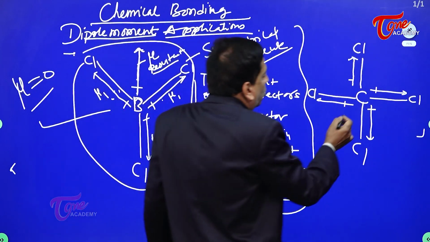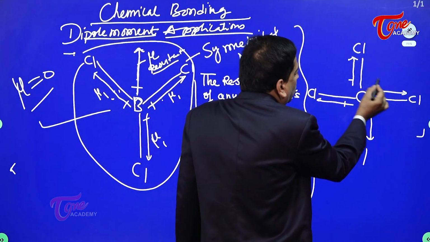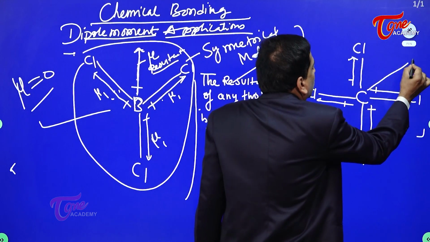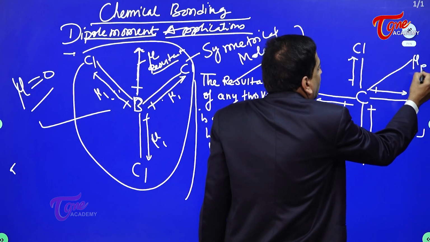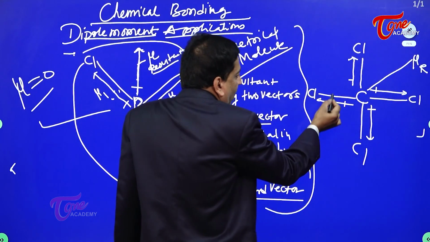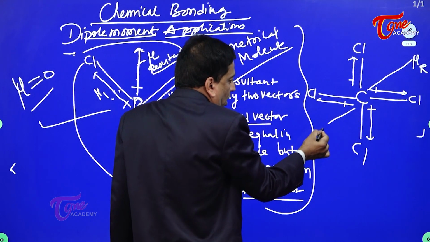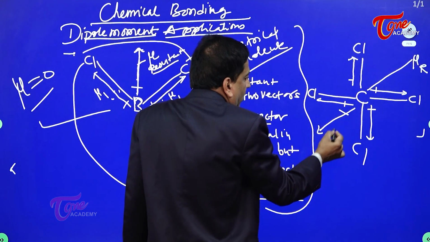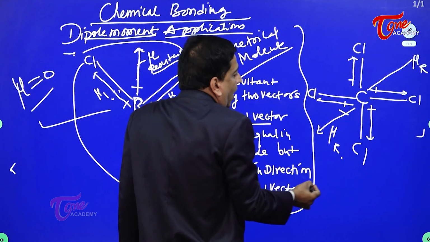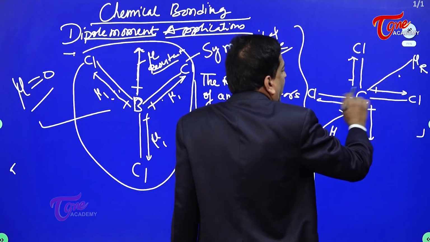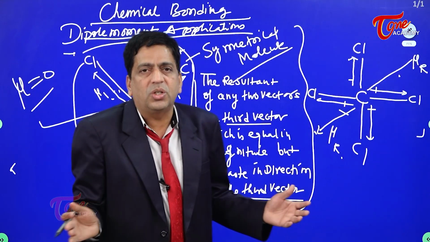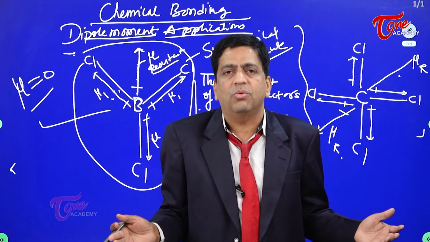What you do is, the resultant of these two vectors is a vector like this. That is the mu resultant. And the resultant of these two is another vector. This is the mu resultant. And this vector gets cancelled because they are opposite in direction and equal in magnitude.